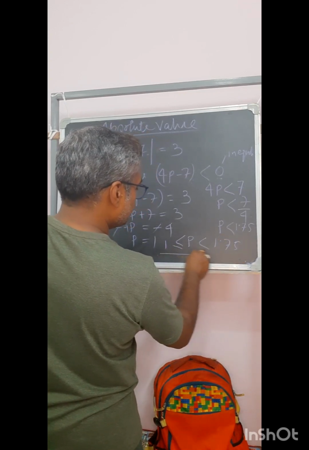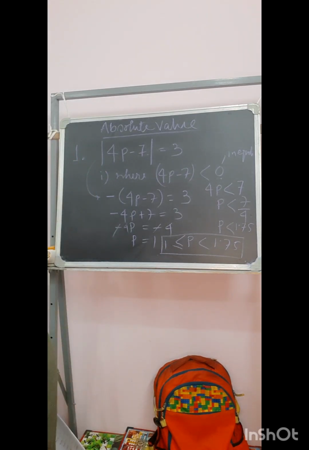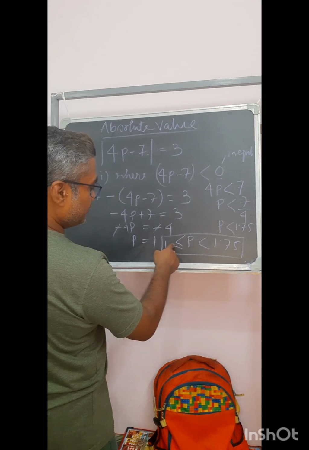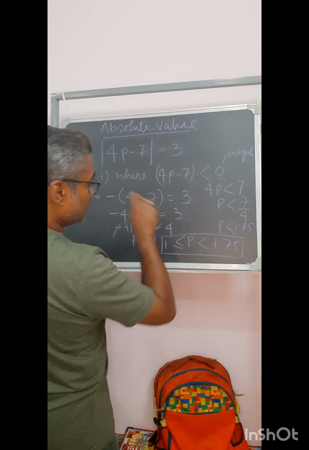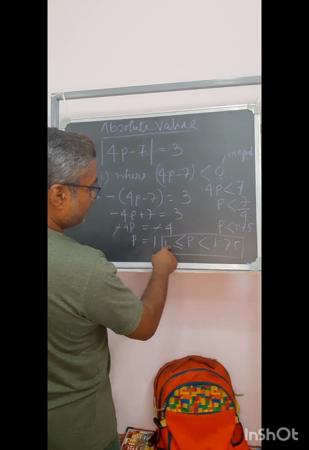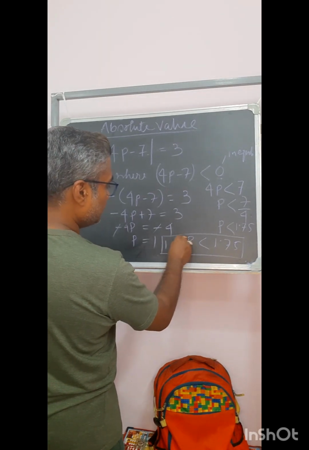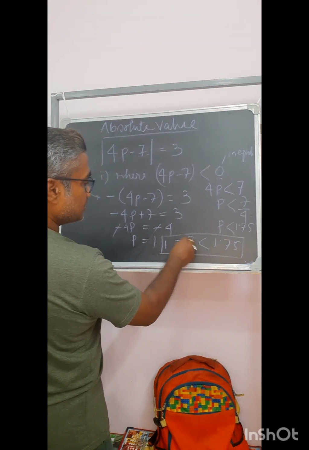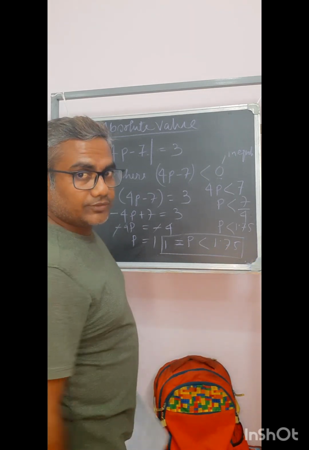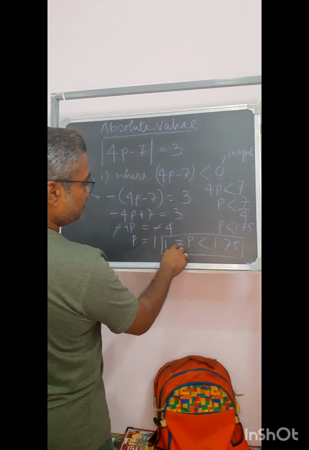This is the first range of values I am getting, because p is equal to 1 and p is less than 1.75. So this is a range of values, you can say. Anything below 1.75 is possible, and p is equal to 1.